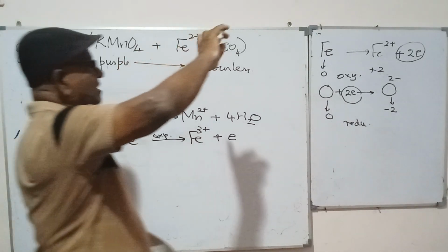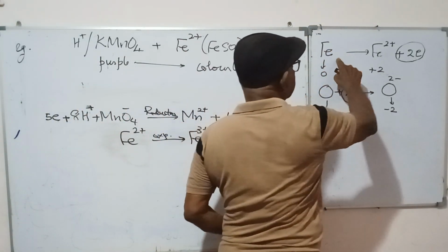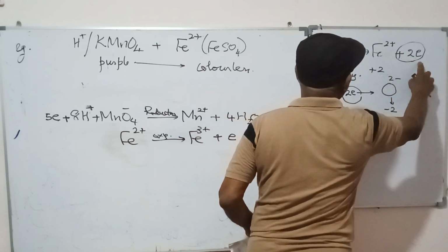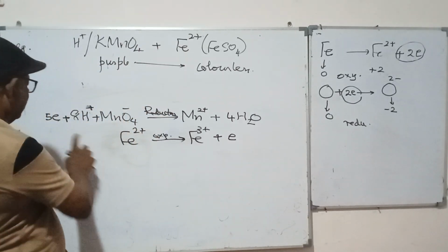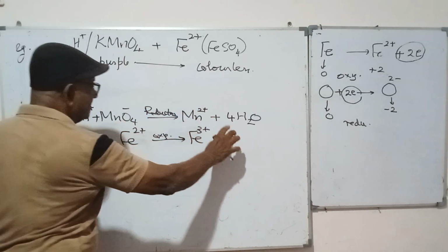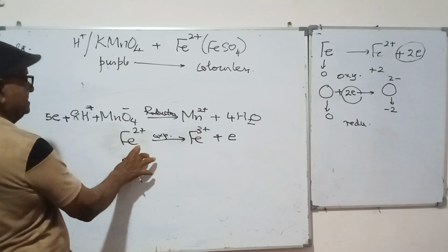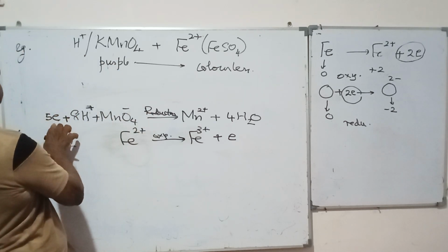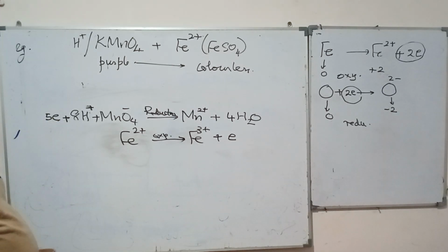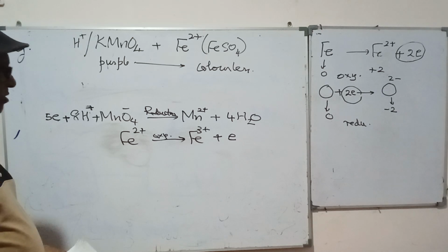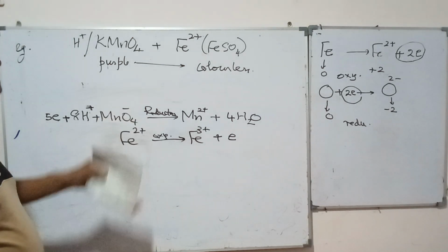I told you, during oxidation, electrons always appear on the product side. During reduction, electrons are added to the reactants. So these are the two half reactions, oxidation and reduction.